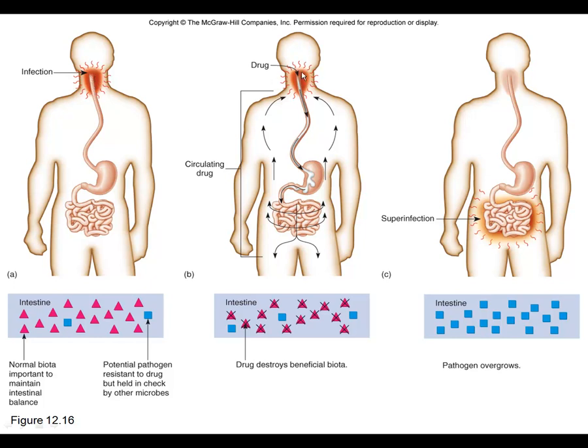That broad-spectrum antibiotic also kills the organism that's causing the throat pain, but it kills everything else throughout the body as well. So it's going to destroy the beneficial biota, and it's going to leave those potential pathogens to grow, and you can end up with the overgrowth of a pathogen in another part of the body, and this is called a superinfection.